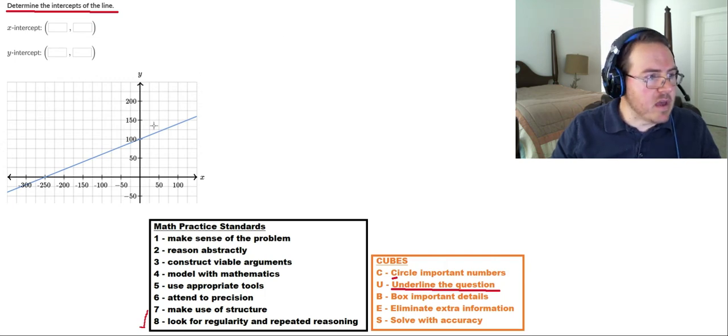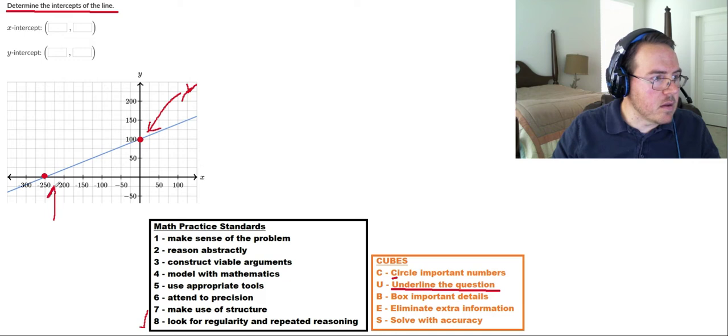So it looks like I've got an intercept here, and I've got an intercept here. This guy is on the y-axis, and this guy is on the x-axis.